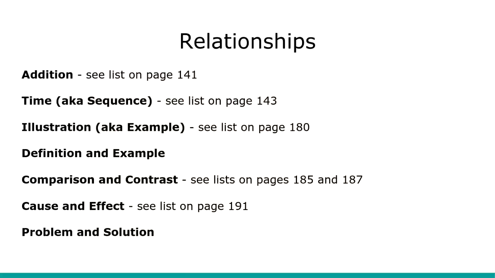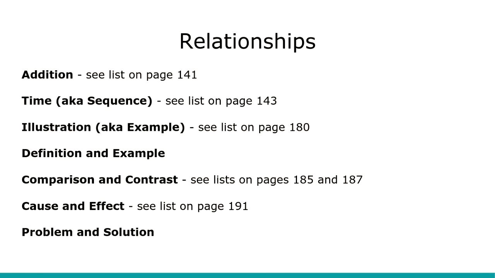All right, here are the different relationships, and we've got listed here where you can find lists of transitions. And this is really important. I would write this down in a notebook so you could find this again, put sticky notes on these pages in your textbook, and go back to them over and over again.